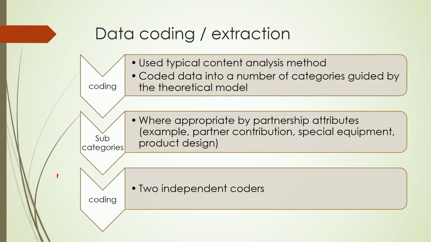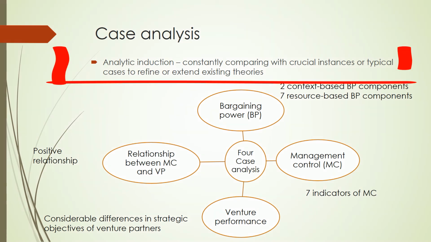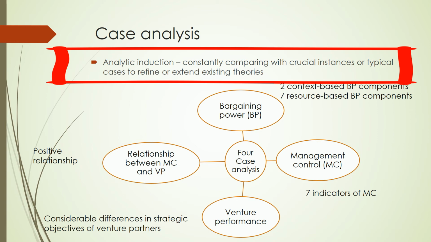There were 2 independent coders who coded this content in their study. They used analytic induction, which constantly compares with typical cases or crucial instances to refine or extend existing theories.